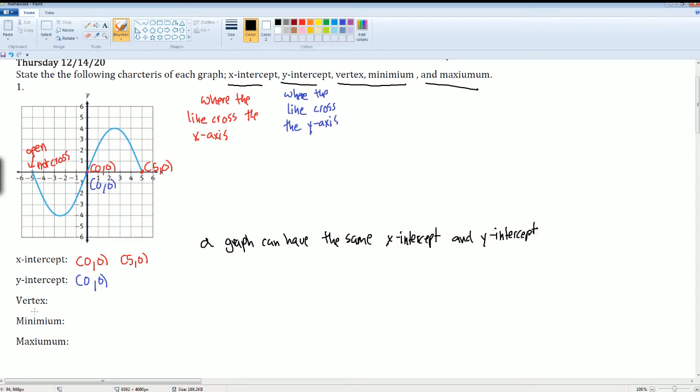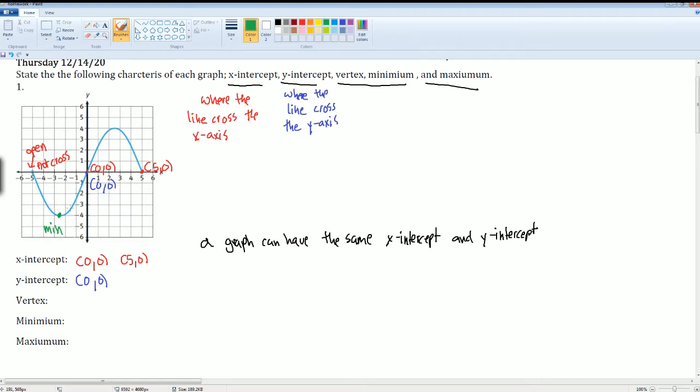What is your vertex? The vertex is the point here, okay? It's the highest or the lowest point. In this case, there are two. So let's look at the green first. This is the smallest one. This is called the minimum. And the minimum is at what point?